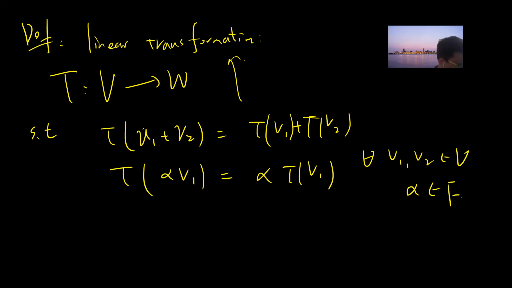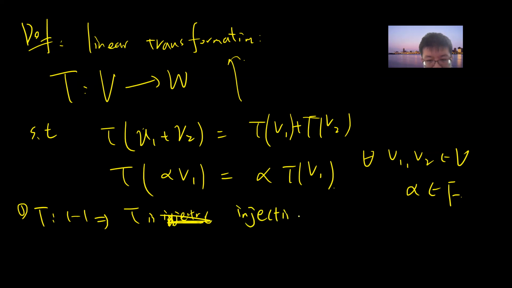Let me quickly define some notation. If T is one-to-one, then usually we call T injective. If T is onto, usually people call it surjective.